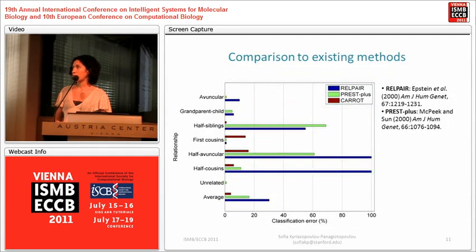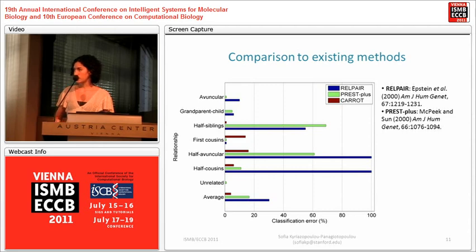I will start with a comparison between CAROT and 2 other methods, RelPair and PRESS+. These are both maximum likelihood methods. That is, what they do is run HMMs for different relationships and then just pick the model that maximizes the likelihood without considering any additional features. Since these 2 methods only consider a very small set of relationships, we restricted this comparison to this set of relationships.